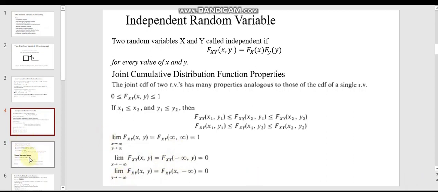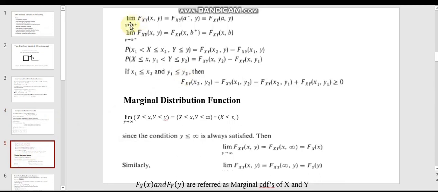Next, when one of the random variables approaches some number a, here we use a plus, then the joint CDF of the two random variables can be described as F sub XY of a and y.